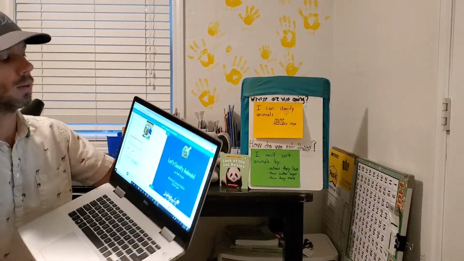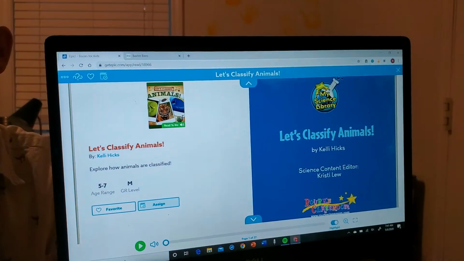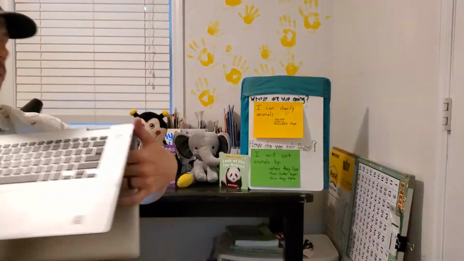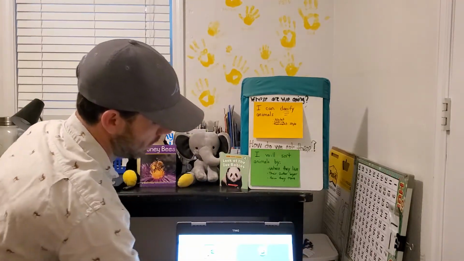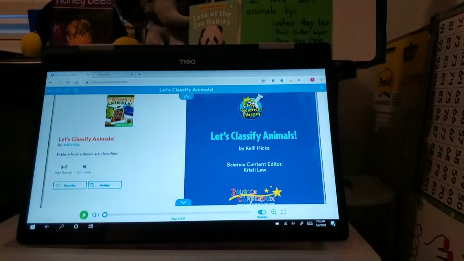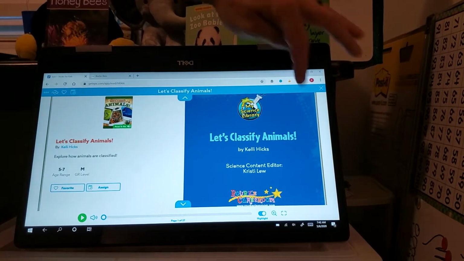All right? So look, here's how it's going to look on your Epic book box. There's the cover, and we are going to read through this together. I'm going to see if I can get us set up nicely. We're going to move this down here so that we get a better look. Okay? All right, so let's classify animals.